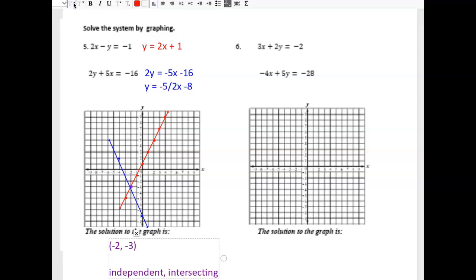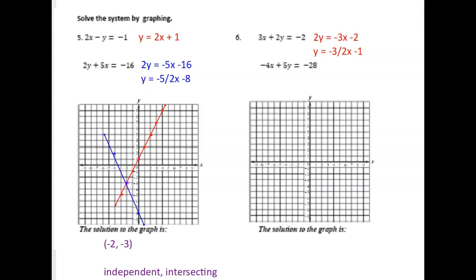Okay, let's look at number 2. So once again, subtract 3x, divide by 2, start with your y-intercept, go down 3 and right 2.